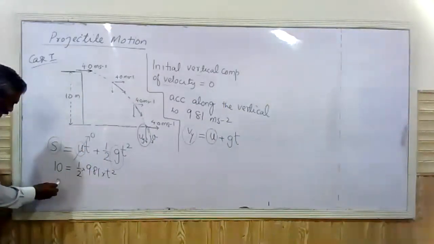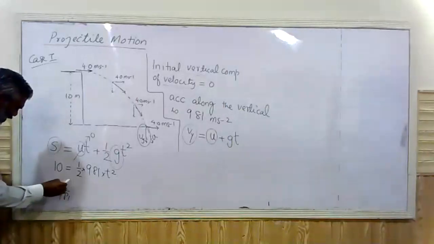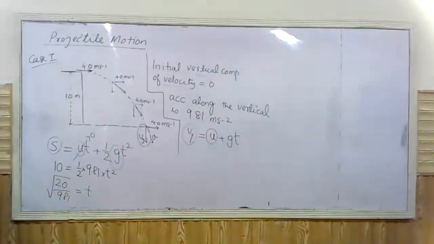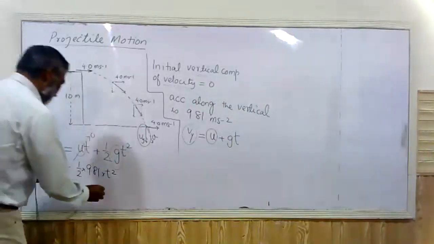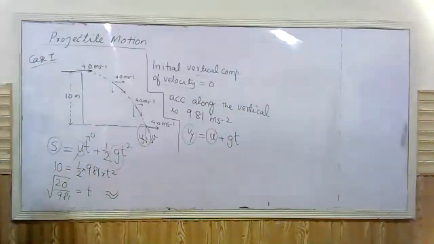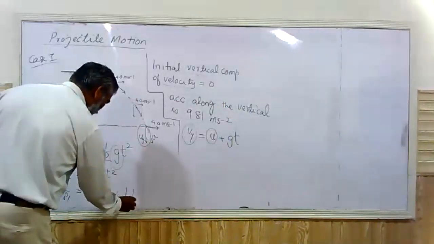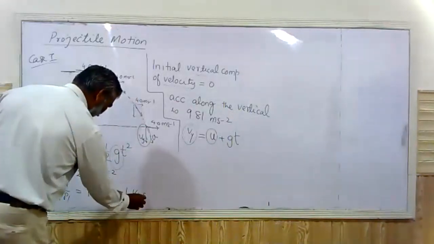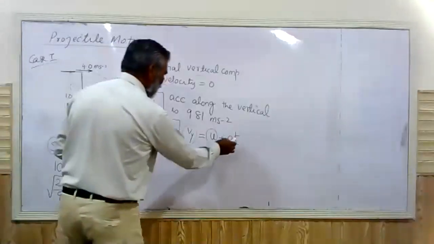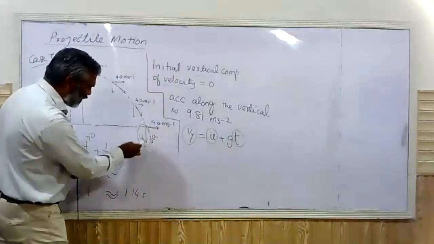So t is the square root of 20 over 9.81, and if you use the calculator, this is approximately 1.14 second.